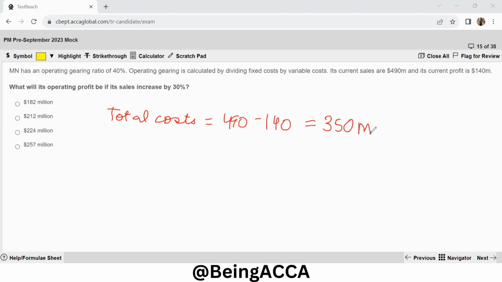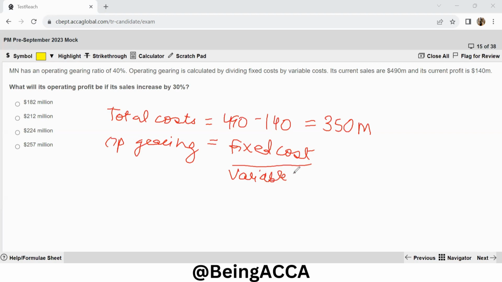Now, the formula for operating gearing is given to us as fixed cost divided by your variable cost. So with this, we know that in these 350, we have both fixed and variable included. Now it is mentioned that we have an operating gearing ratio of 40%. That means the fixed costs as a ratio of your variable costs are 40%.